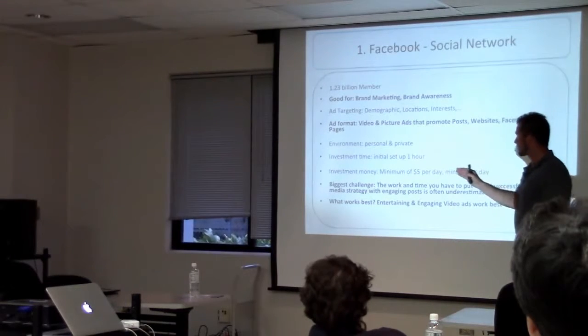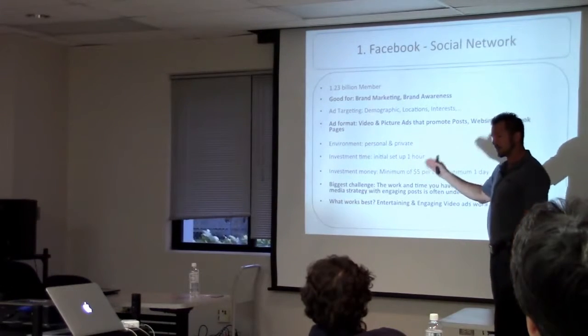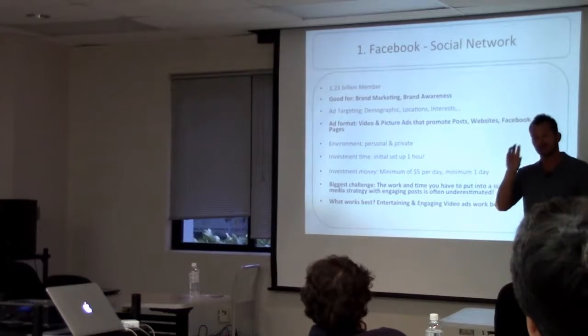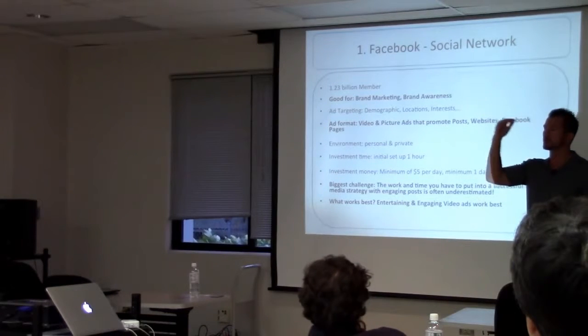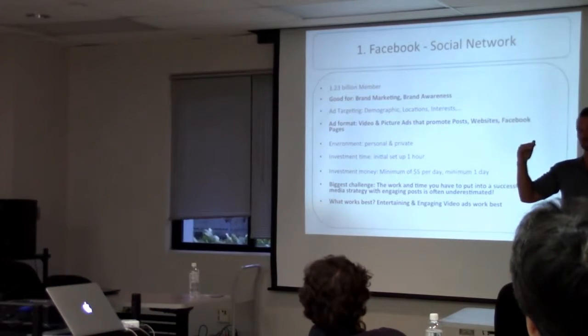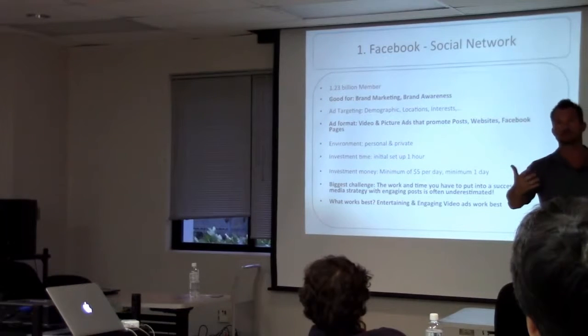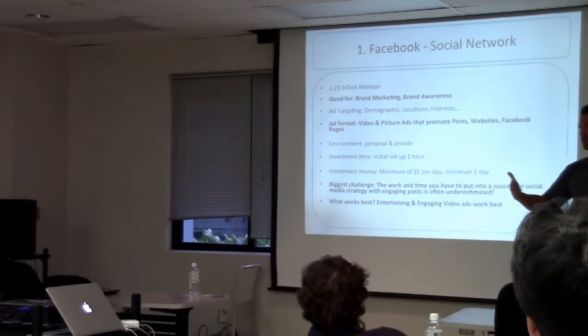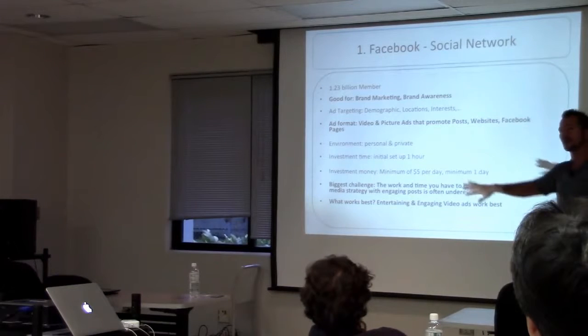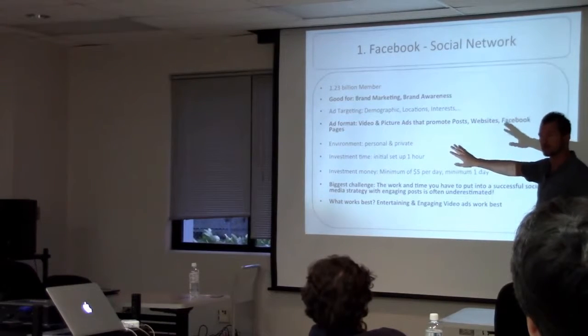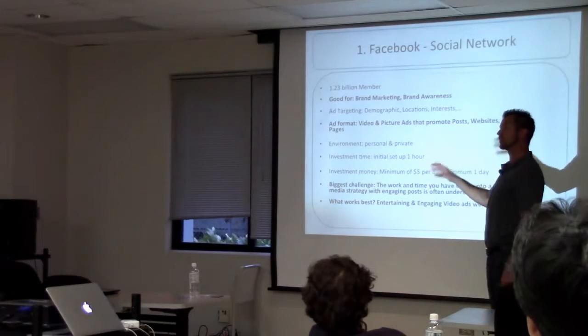The initial setup is still an hour because you have to find out your target audience. You have to pick the people that you want this advertisement to be shown to. This is the most important part if you want to advertise on Facebook: find out what people you want to advertise to.